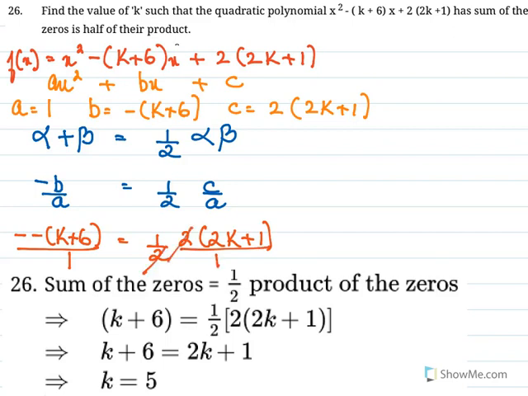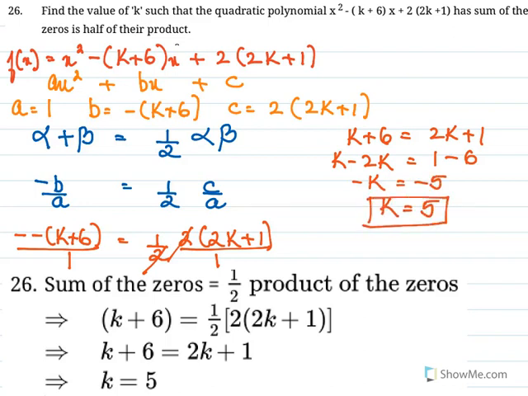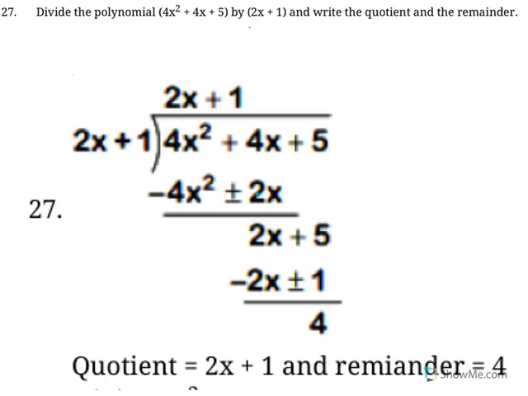So this cancels out, and minus of minus is plus. So k plus 6 equal to 2k plus 1. Take the 2k on this side: 6 minus 1 is 5, k equal to 5. So this is the answer, k equal to 5. And this is exactly what they have done. Sum of the zeros is half the product, and then you solve it and you get k equal to 5.